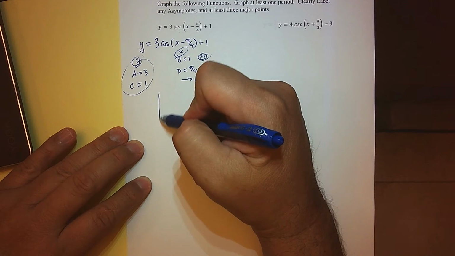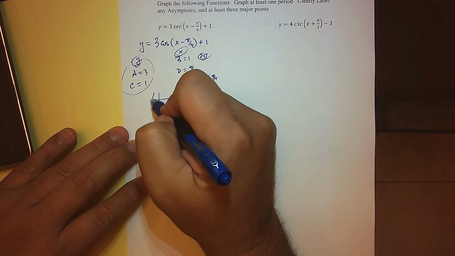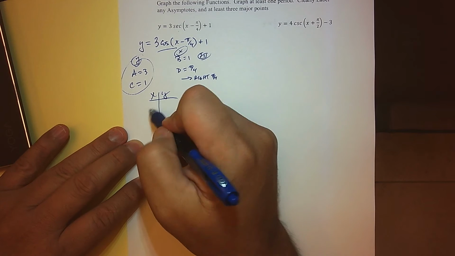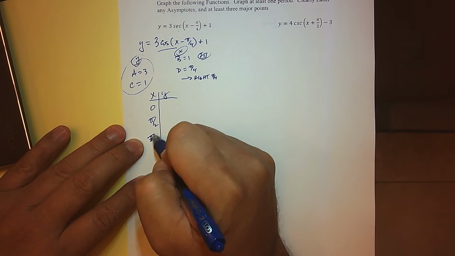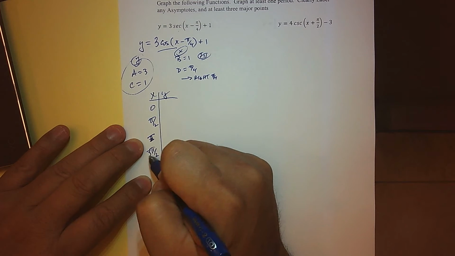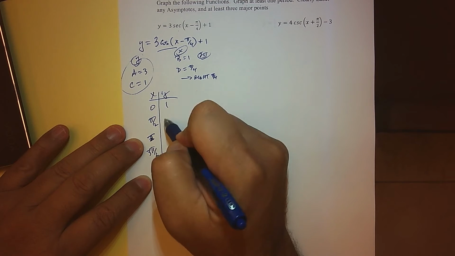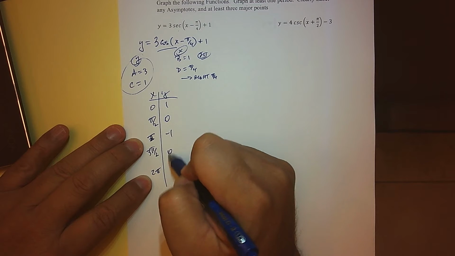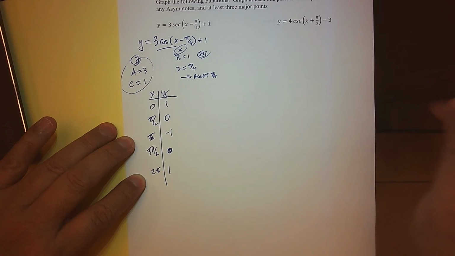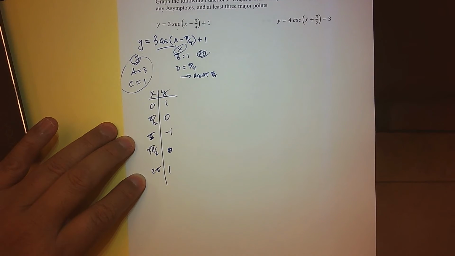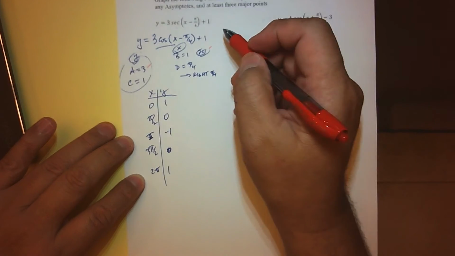So again, we go to our nice data points for cosine. Those are all our quadrantal angles, and we know we're 1, 0, negative 1, 0, and 1. Okay, so those are our nice data points. So putting things together, we're going to first do the multiplications and divisions.